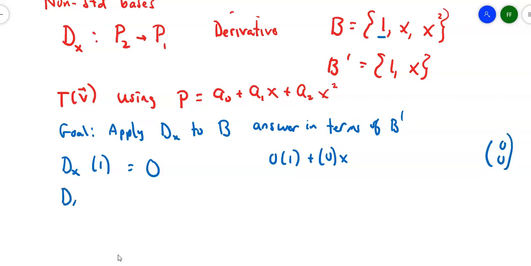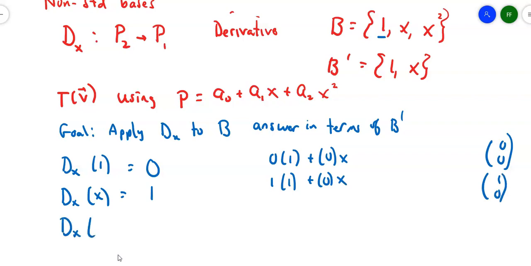Now apply that derivative operator to x. That's the second element in basis B. What does that give me? That just gives me 1. In other words, it gives me 1, 1, and no x's. Apply that derivative operator to x squared. The derivative of x squared is 2x.